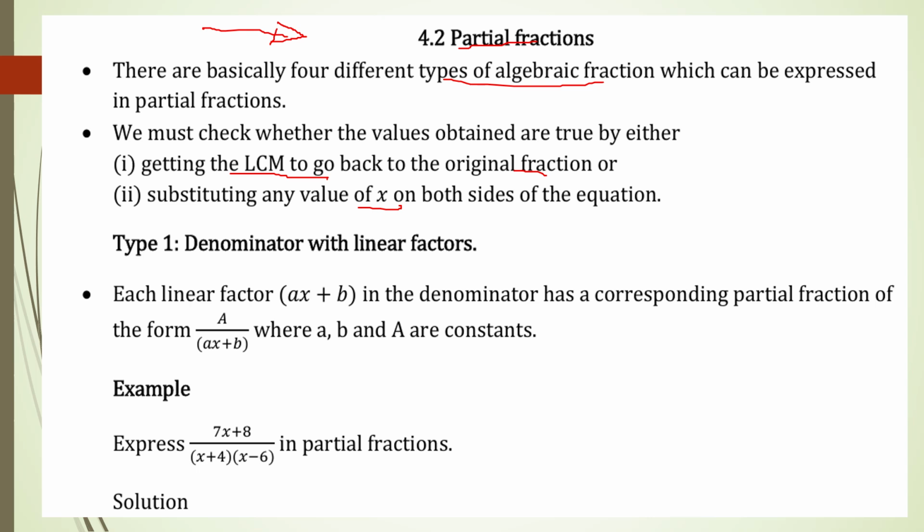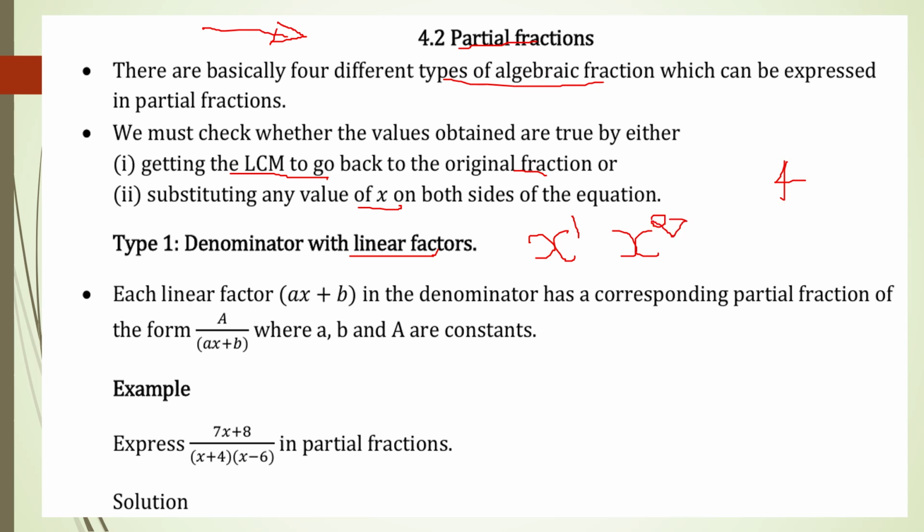Now let's look at category 1. We say that there are 4, and we are going to look at each of them one by one in this video. So type 1, you're going to look at the denominator with linear factors. When we say linear factors, we mean that your unknown x is not going to have any power apart from 1, implying that there must not be any x with a power of 2 and above.